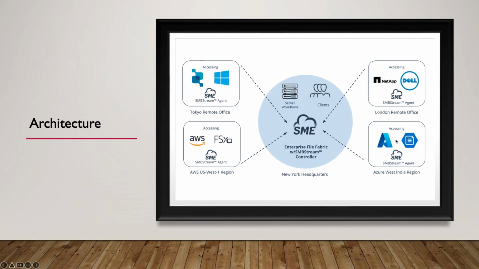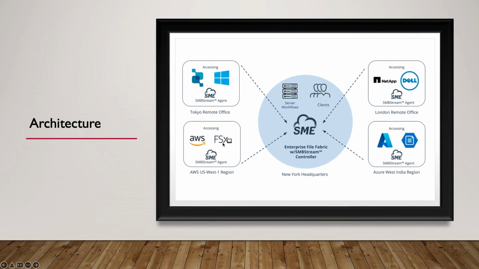It's much simpler in that the controller, if I've got this controller here and I've got an Azure region in India and I've got Azure Files set up, this controller is just going to act like it is this Azure Files. And so a server, an EFF client is just going to connect to the controller at its IP address/share name, as if everything's local. So you will get to see it, but it is simpler to set up.